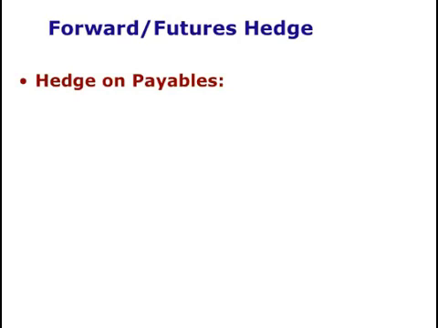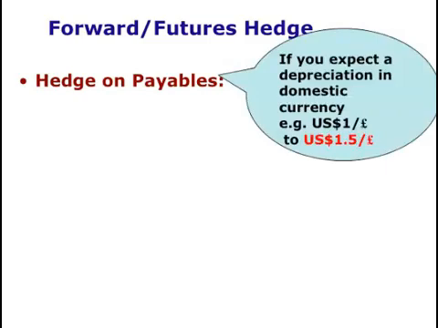If you need to make a payment, let's say you purchase goods and services, you import goods and services from a foreign country, so you want to make payment, and at the same time, based on your forecast, you expect a depreciation in the domestic currency.